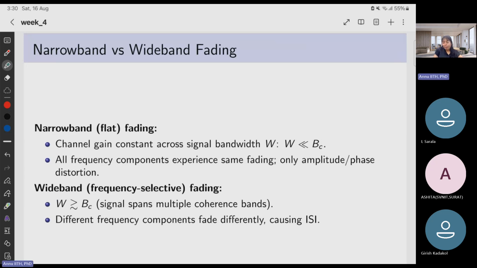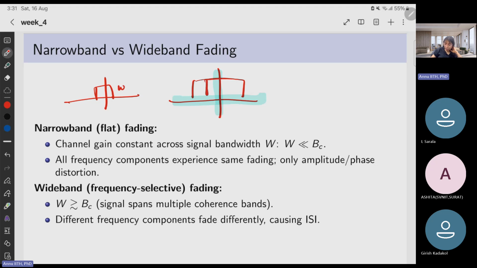Why does that happen? Suppose this is the channel bandwidth and this is the input signal bandwidth. If the signal bandwidth is less, it will go through easily, the channel is constant, and it will be flat fading. If on the other hand the signal is wider, it will cause so much fading or distortion. Then it is called frequency selective fading because it is caused by the frequency selectivity of the channel.